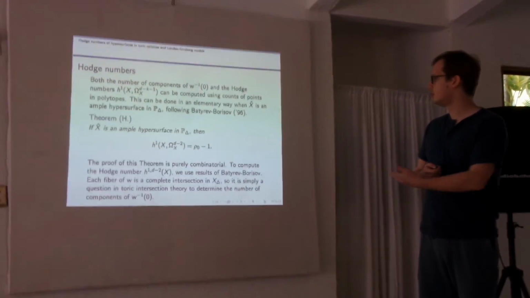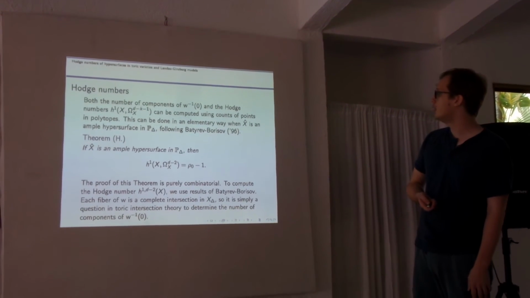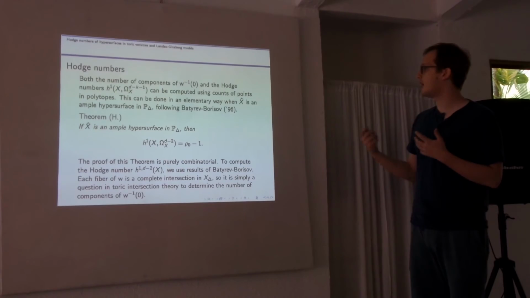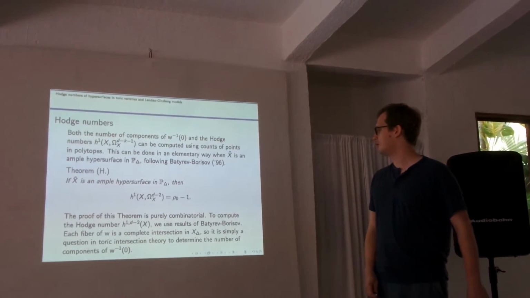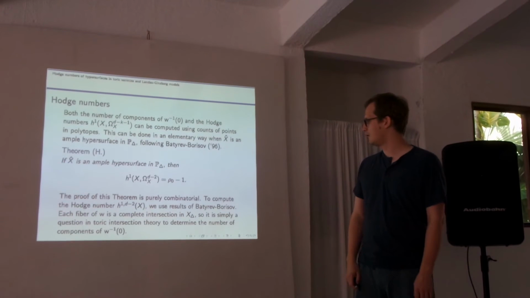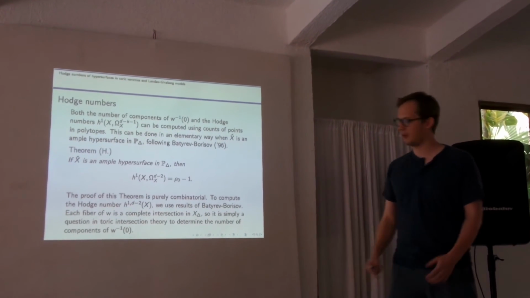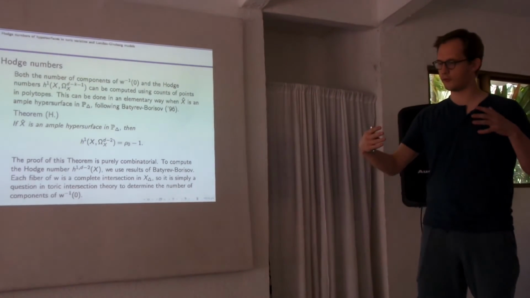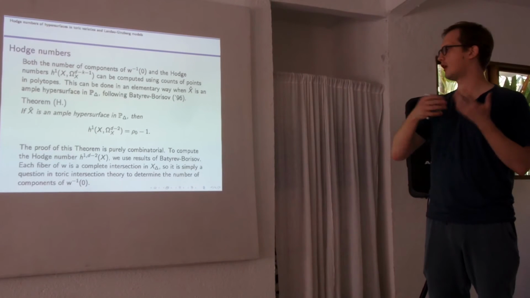Yeah, so that's how to do it. It's kind of the simplest possible way. You can imagine that possibly you could extend this. Batyrev and Borisov have a series of papers on mirror symmetry for Calabi-Yau varieties. This uses one of their less successful papers, but they have a very successful paper that shows that Hodge number mirror symmetry holds for pairs of complete intersection Calabi-Yaus in toric varieties.